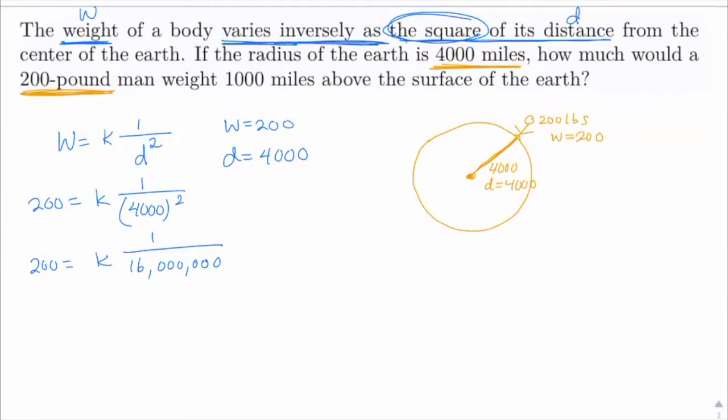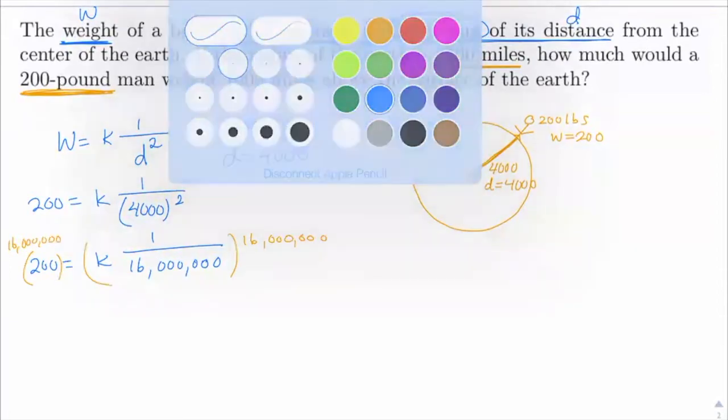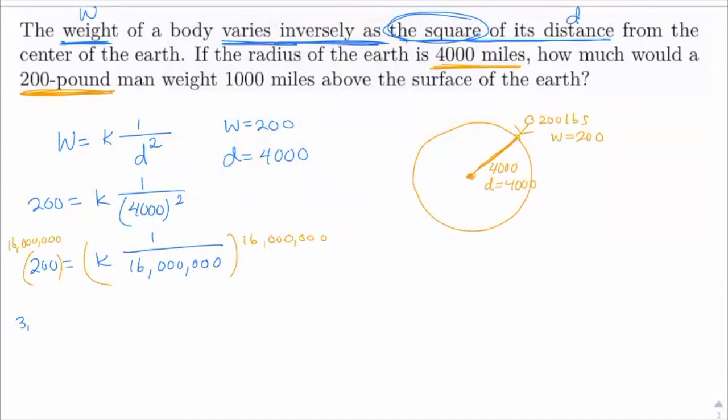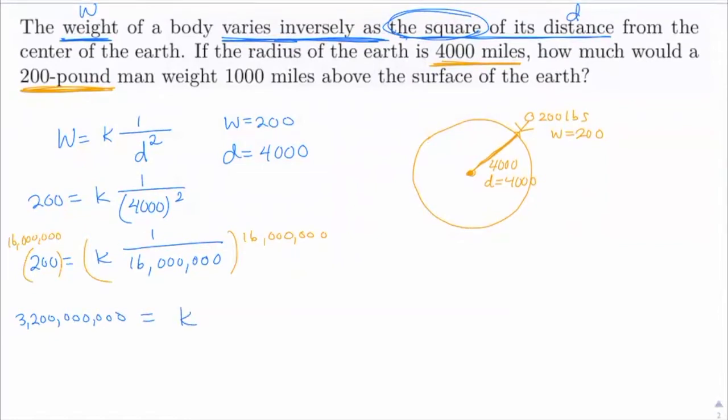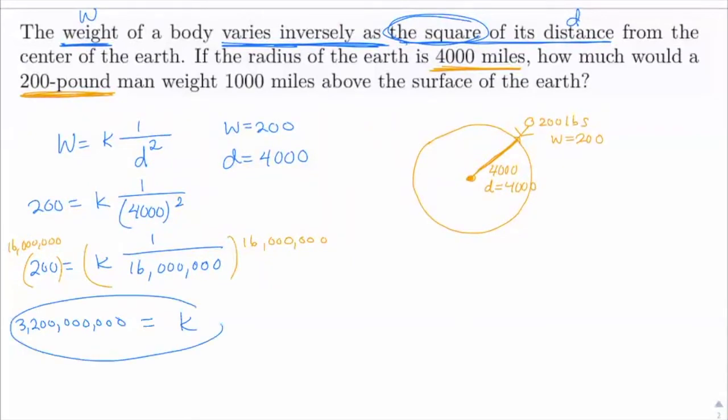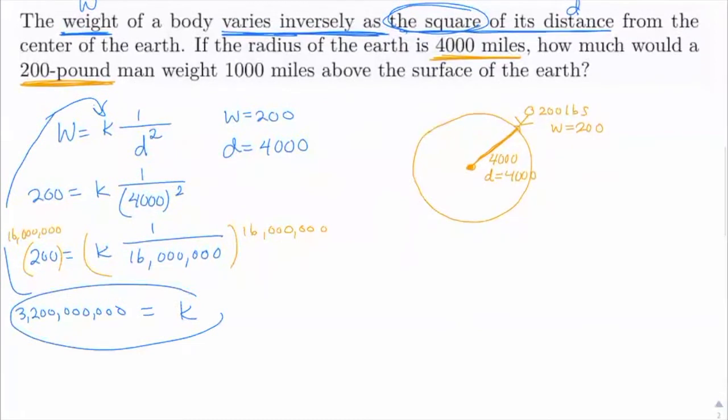And then if I multiply both sides by 16 million, I end up with 3,200,000,000 equals K. Okay, so now that I have K, I can go ahead and take that and plug it back in up here. And that'll give me the equation W equals 3,200,000,000 times 1 over D squared.